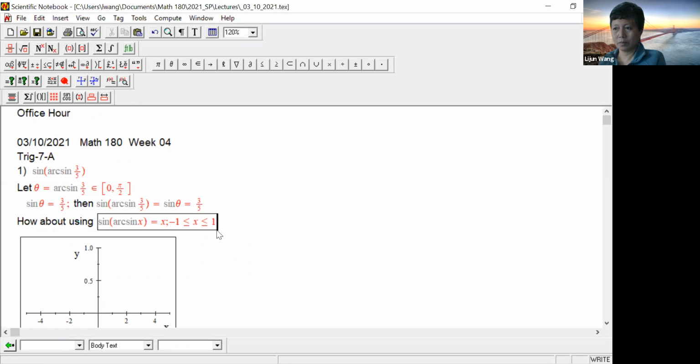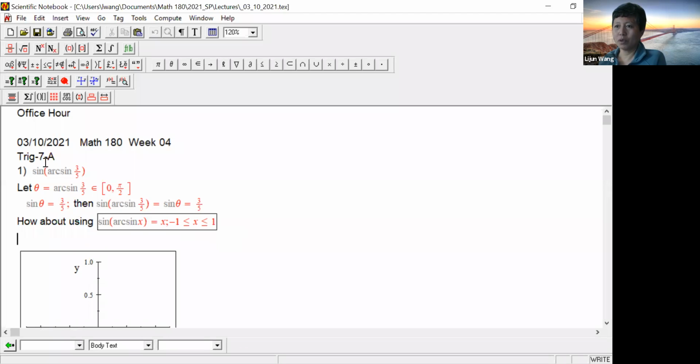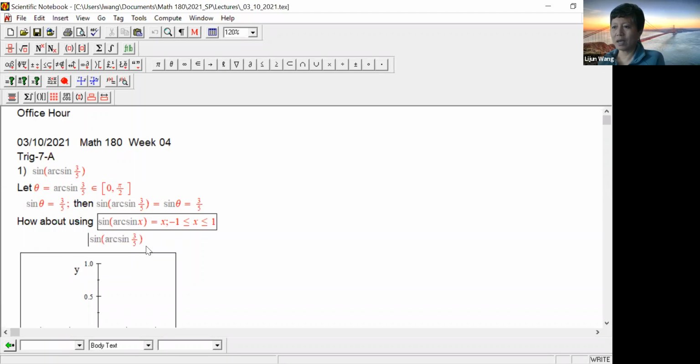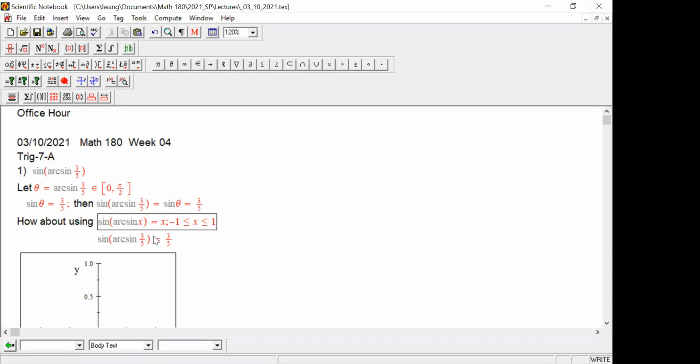What do we have here? We have sine, arc sine, 3/5. And this property tells you if this ratio is between -1 and 1, it is always equal to x. And our x here is 3/5. That's it, you're done. Did you really see that? Easy.